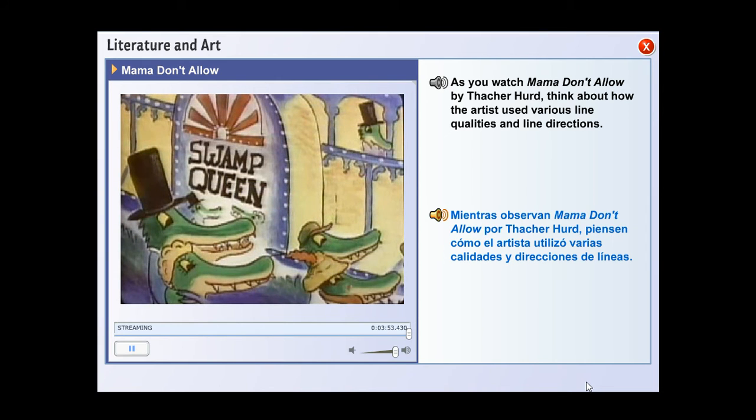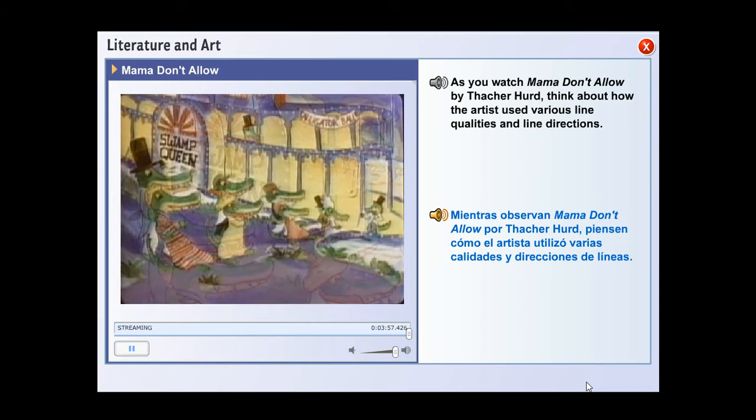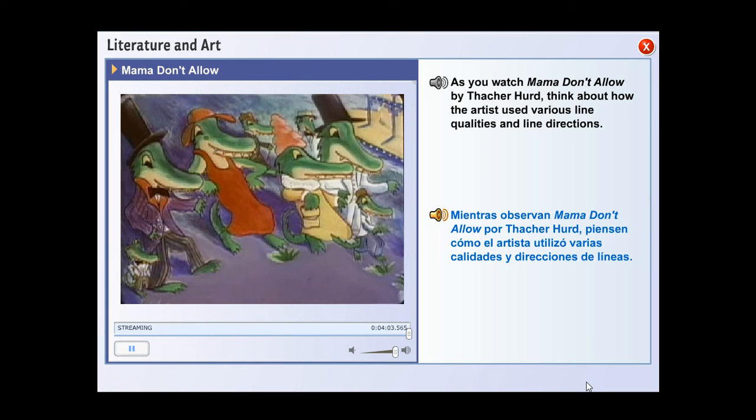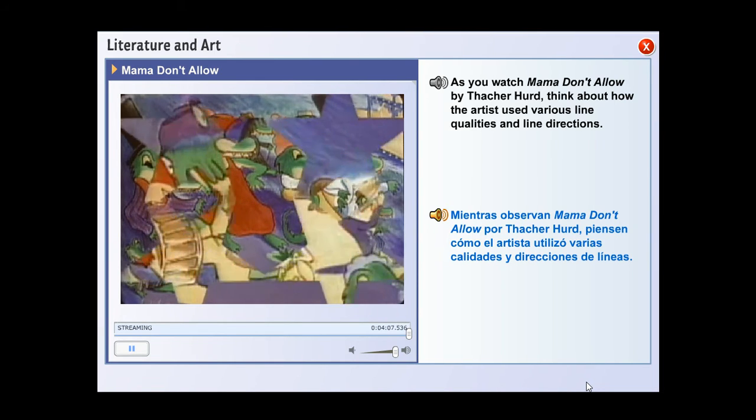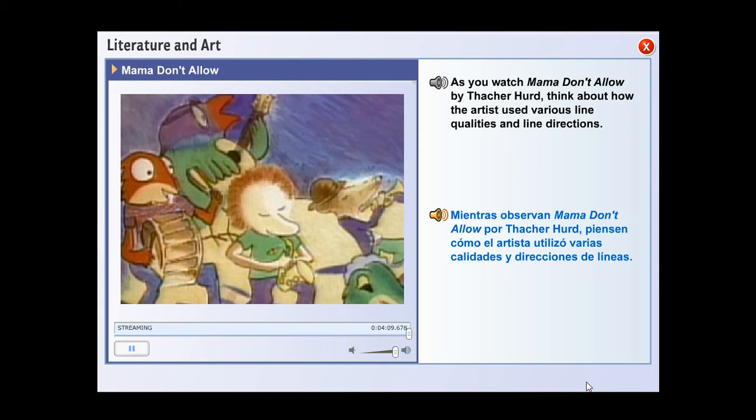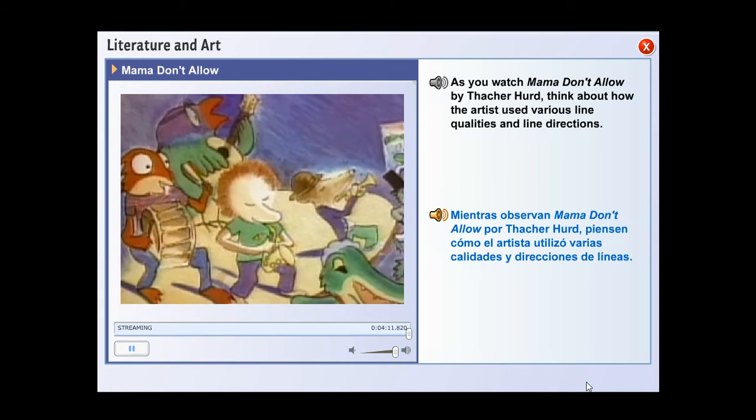Saturday night when the sun went down, the alligators came from miles around. They were dressed in their finest. The Swamp Band played their favorite song.